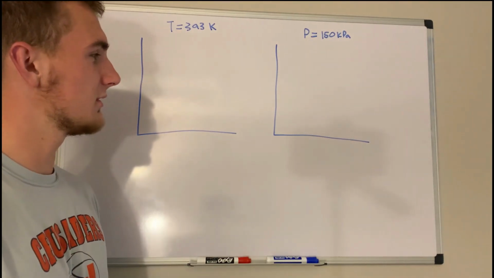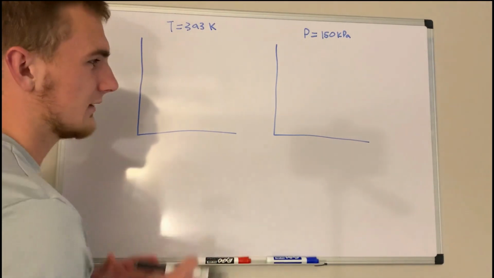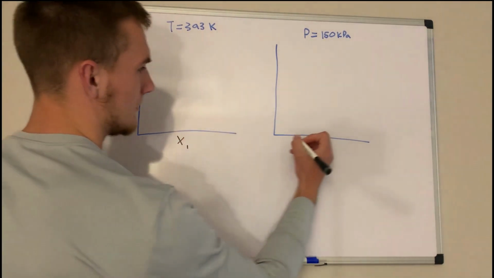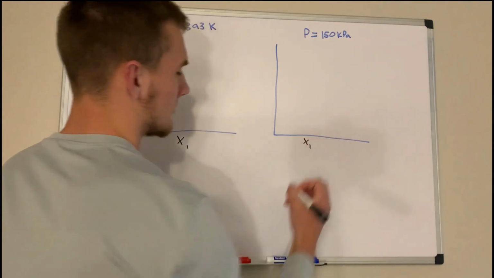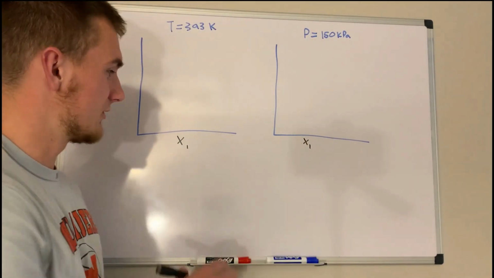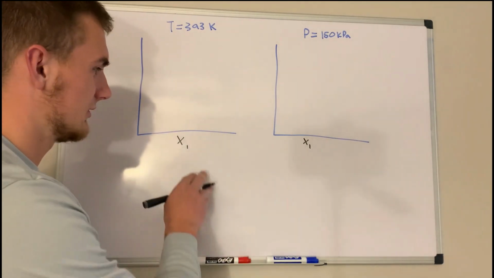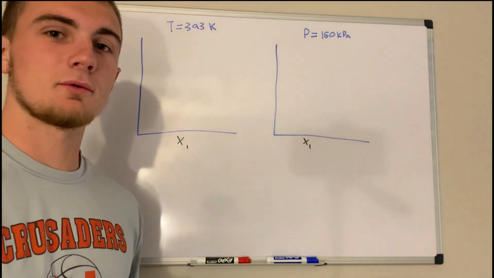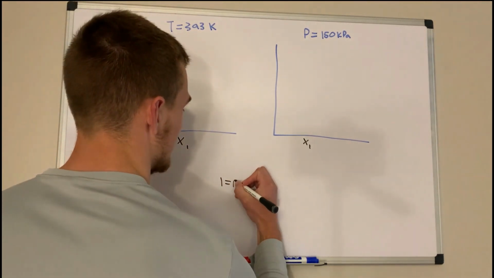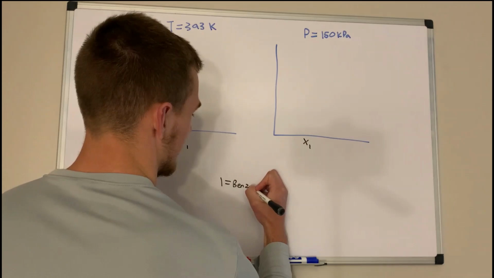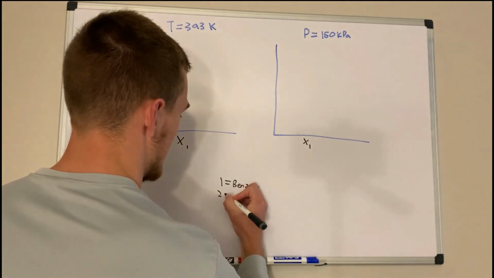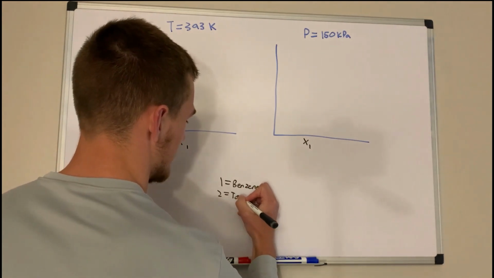In order to do this, on the x-axis we will have x1, so we will be plotting the more volatile component on the x-axis. x1 denotes the mole fraction for benzene. Remember, we have 1 as benzene, which is the more volatile component of the mixture, and 2 is toluene.